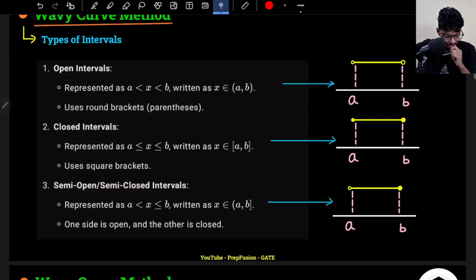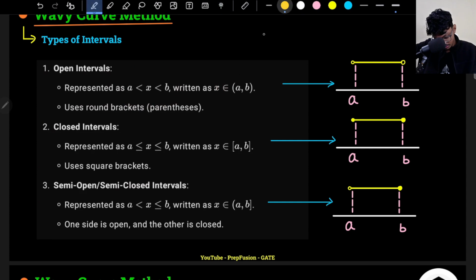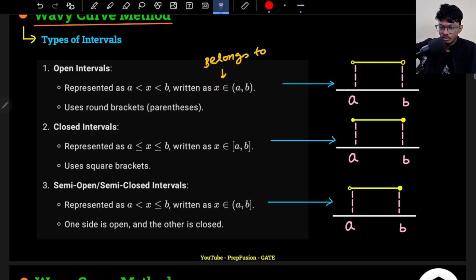Open interval means that if x is between a and b, x can be written as x belongs to a comma b. The meaning of this sign is "belongs to". Between a and b I can give any value for x.